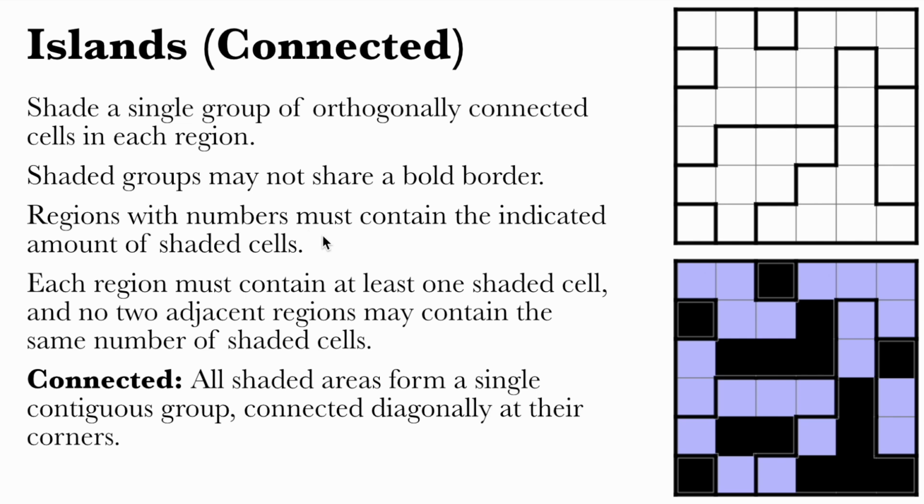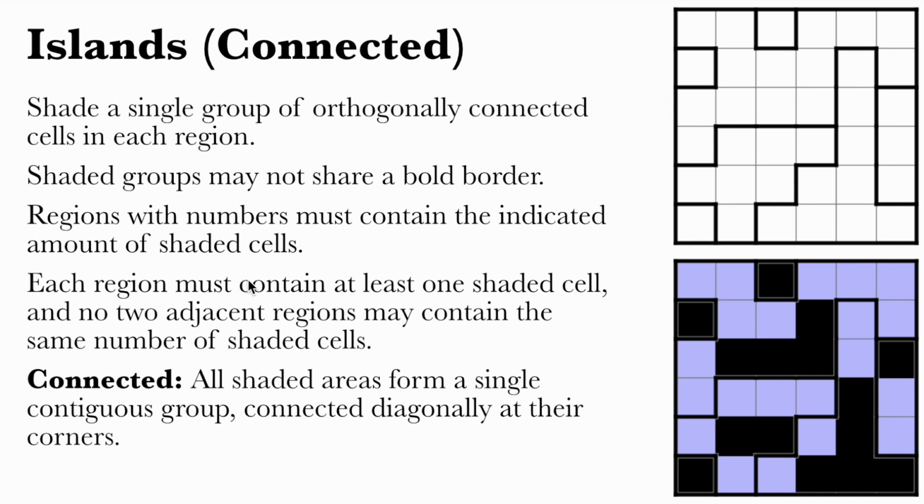Regions with numbers must contain the indicated amount of shaded cells. This example doesn't have any numbers in it, which isn't that helpful for illustrating that, but there will be numbers in some of these puzzles that tell us exactly how many shaded cells there are.